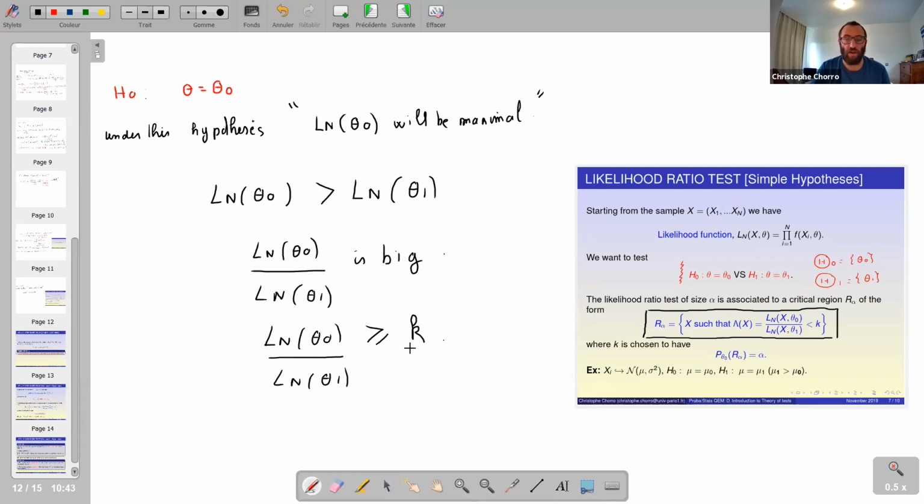So if I want to build the test, I need to build a critical region, that is the one for which I will reject. But I will reject when I don't have this one. That is, I will reject when the ratio is small, in the sense that it is strictly less than k. So it is the explanation of why taking such a critical region.